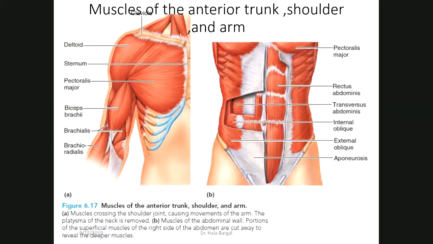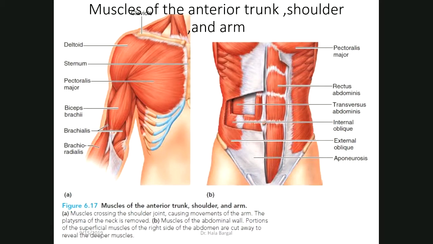Biceps brachii means the muscle of the two heads, and it is inserted in the radial tuberosity. The brachialis muscle is the workhorse of the action of flexion of the elbow and is inserted in the coronoid process. Then brachioradialis, as you see, is named after its anatomical position.